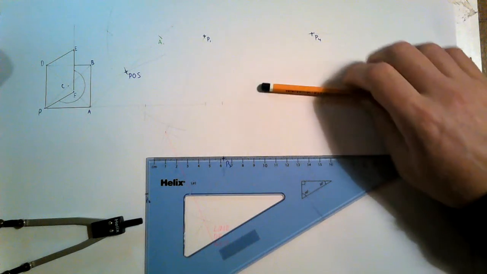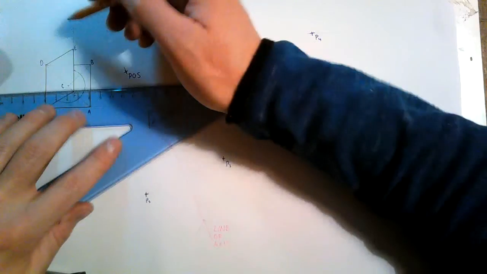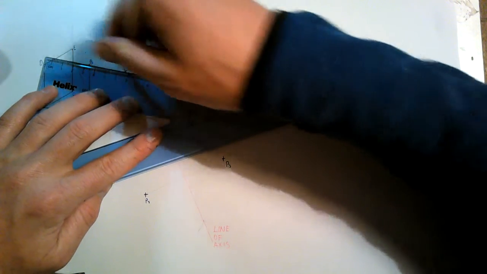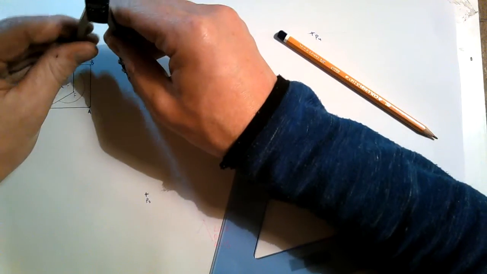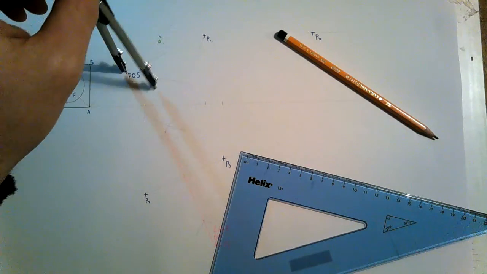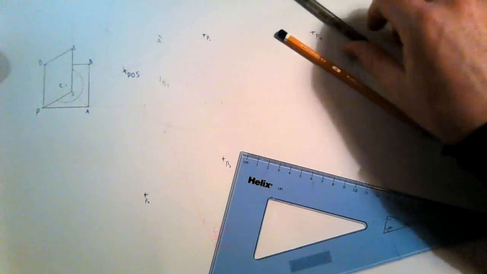Right. A goes to B, and symmetry B1. B goes to D.